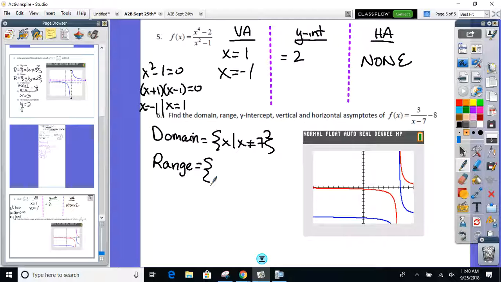So where are we here as far as when the numerator is less than the denominator? Usually at 0, everyone agree? But what did you do to the graph? This was at 0, true. But what did I just do? I shifted it down 8, so it's not 0 anymore. Where is it? -8, got it. So y such that y cannot equal -8. Are we okay? Why -8 and not 0 anymore? Because I shifted it down 8.